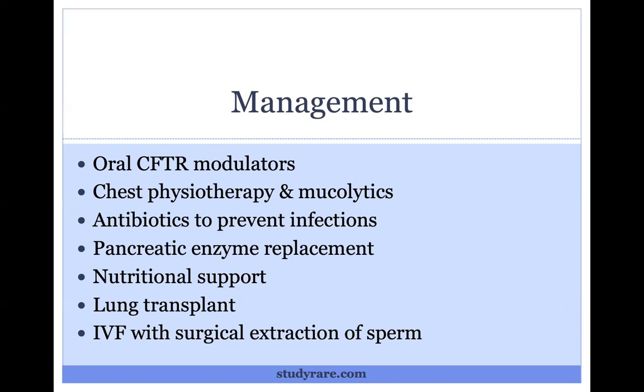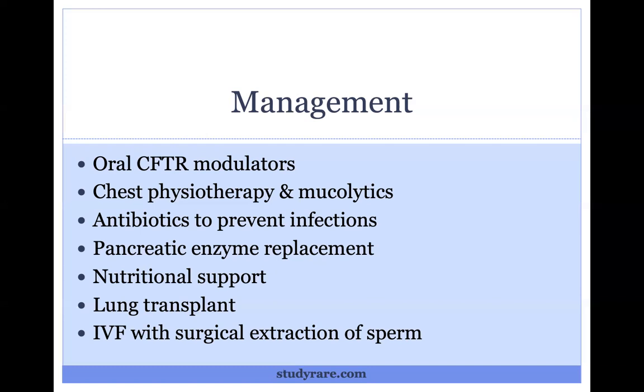Now, antibiotics can also be given prophylactically, particularly to young children, to prevent lung and other infections. Pancreatic enzyme replacement therapy is very important as well because most patients with CF are pancreatic insufficient and need that pancreatic enzyme to grow. Patients might also need more calories than is typical because of the pancreatic enzyme deficiency and also potentially because of the increased work of breathing due to the abnormal lung function.